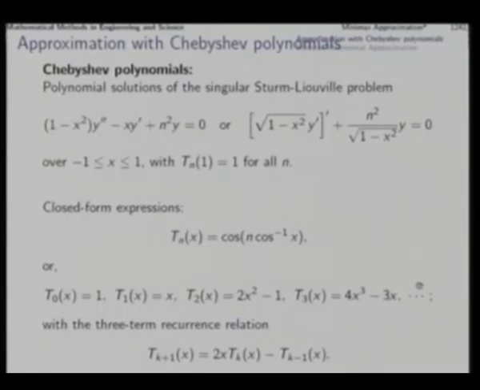We can also very easily prove that this family of functions T_0, T_1, T_2, T_3, etc. will satisfy this three term recurrence relation, that is T_(k+1) will be 2x T_k minus T_(k-1), which means that after evaluating the first two, we can evaluate others in terms of polynomials directly from this recurrence relation, rather than writing multiple angle formulas of cosines.